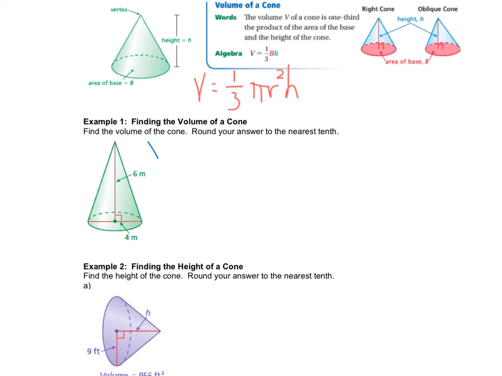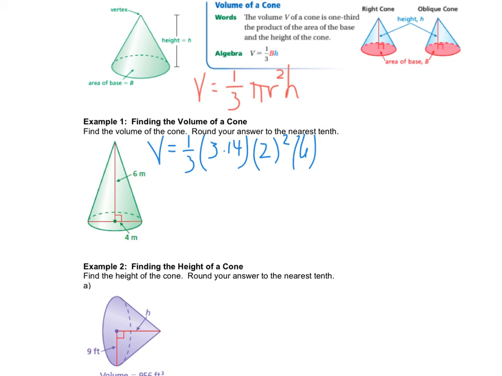So here we go with this. I'm going to leave this 1/3 as a fraction for now, and then we'll deal with it from there. Then I am going to turn the pi into 3.14. The radius we just said was 2, and the height we said was a 6.